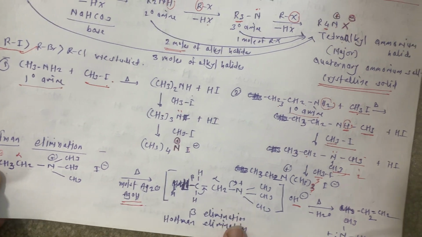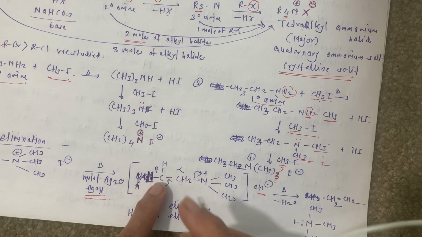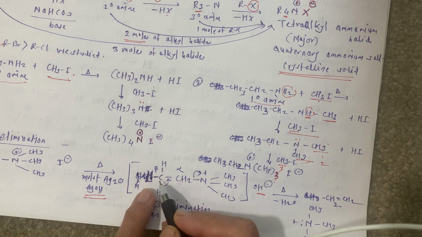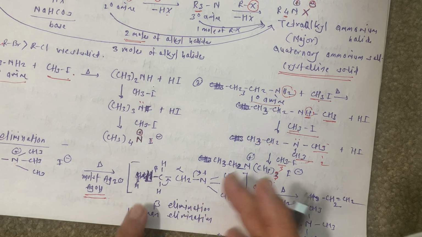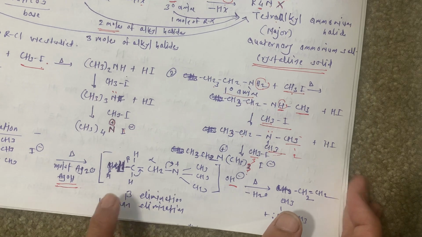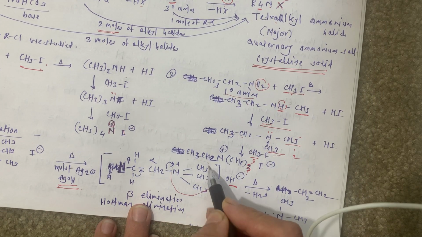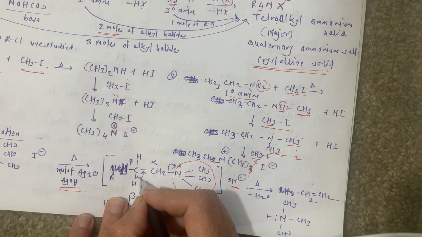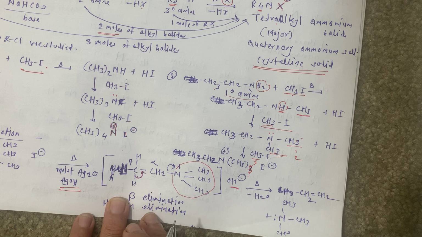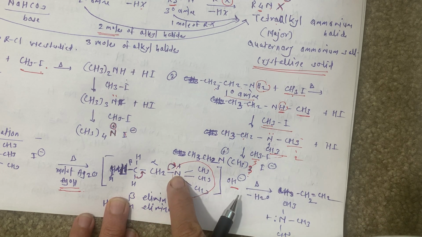Now what is going to happen? Here it is a beta carbon, nitrogen, next to that alpha, next to that beta, and there are 3 hydrogens. This is the best leaving group, so this bond is going to break like this, and then this bond is going to give electrons to this nitrogen.